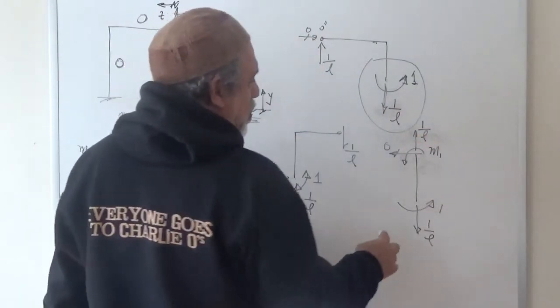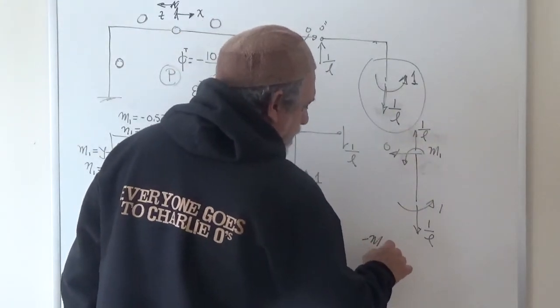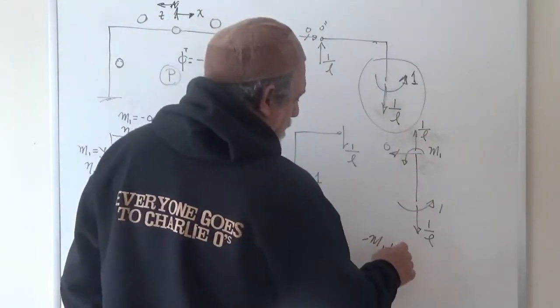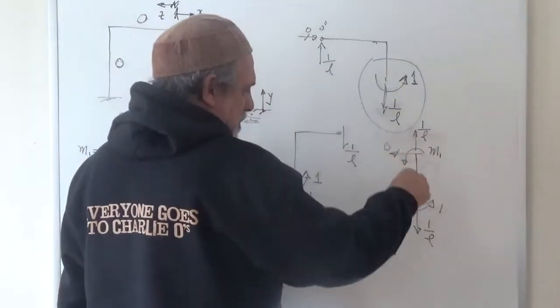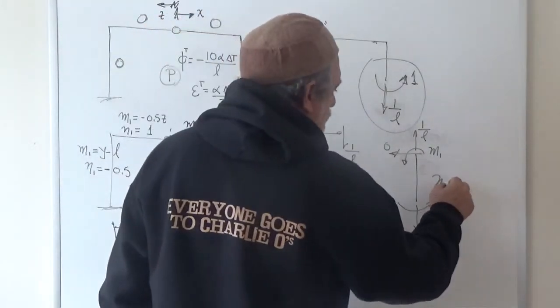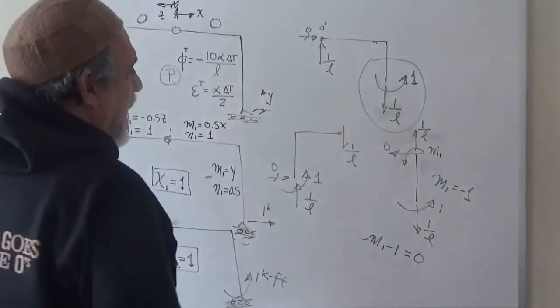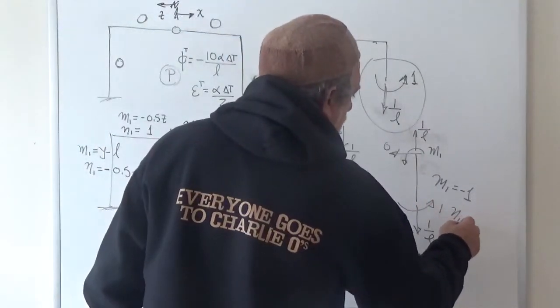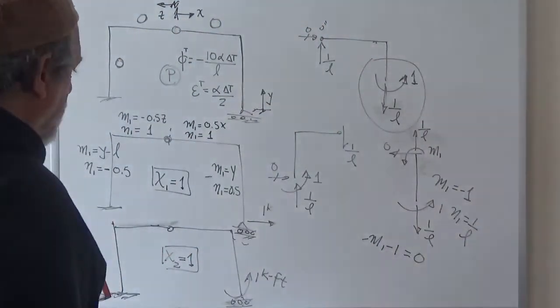And as far as the moment is concerned, we can say minus M1, I'm sorry, minus M1 minus 1 and nothing else equal to 0. Therefore, M1 is minus 1, and N1 is 1 over L positive because it's tension.